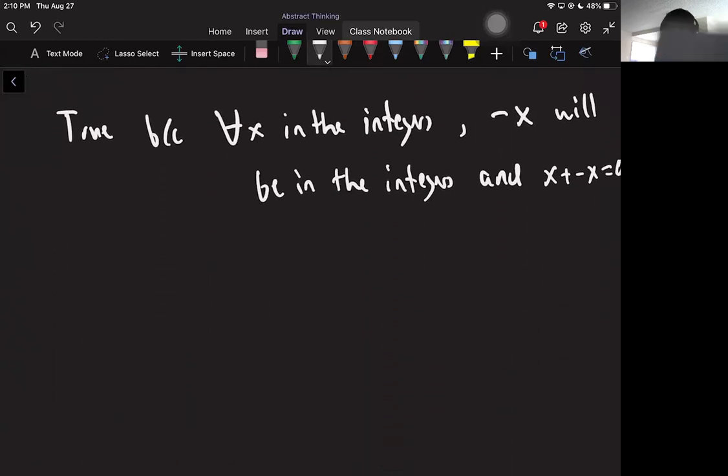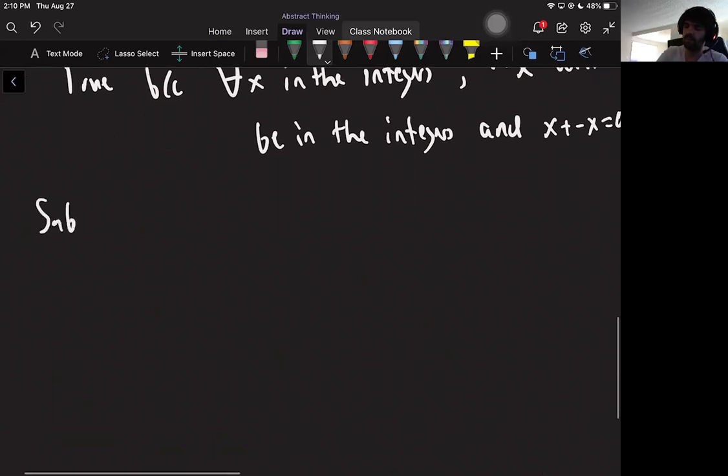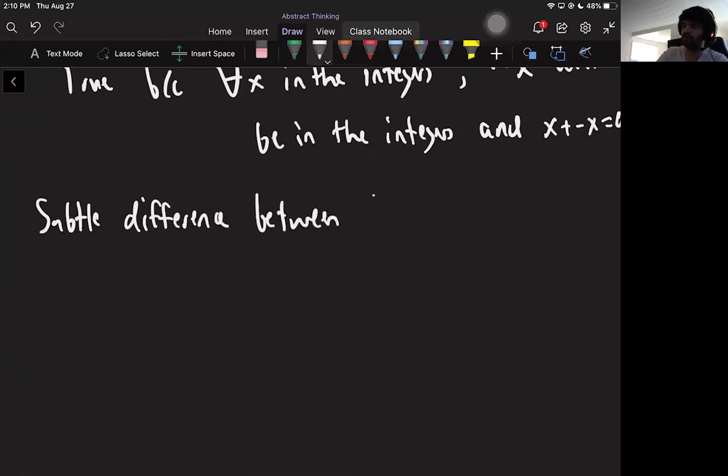So notice the difference between that one and the next one. It's very subtle. Subtle difference between that one and the following one. So all I'm going to do is rearrange it. I'm going to put the there exists first.